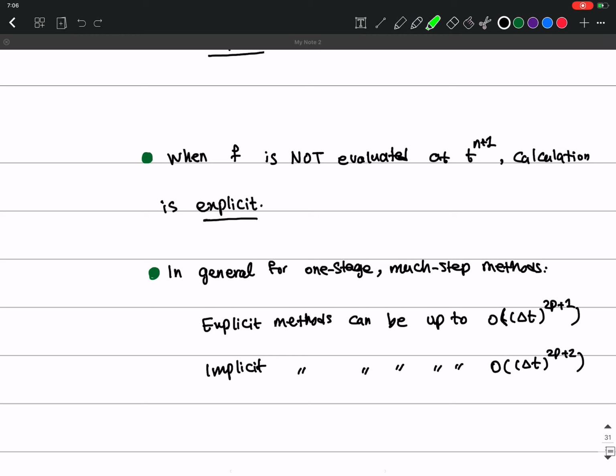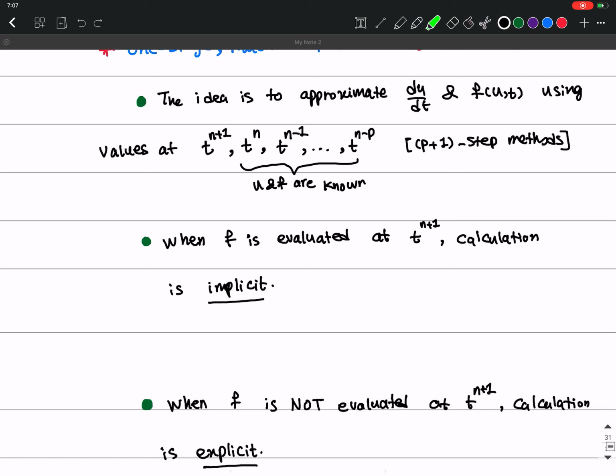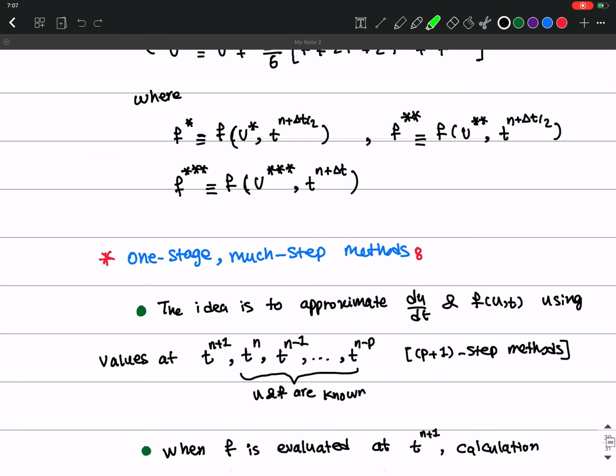So for p equal to 0, you are going to have order delta t for the explicit method, and for the implicit, one step and one stage method, your order of accuracy is going to be order delta t square. And so in general, it is delta t to the power 2p plus 2, depending on p and the number of steps that you have, okay? And p is just the number of steps that is shown here. For example, this is a p plus 1 step method, okay?